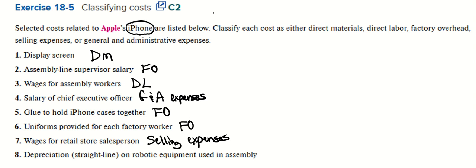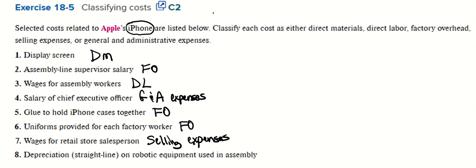That cost is associated with selling expenses because they are selling the phone or trying to sell the phone. Once they do, revenue is generated, and the selling expenses are aligned in the same period as when the revenue was generated. Either way, the classification for salesperson's wages is selling expenses.